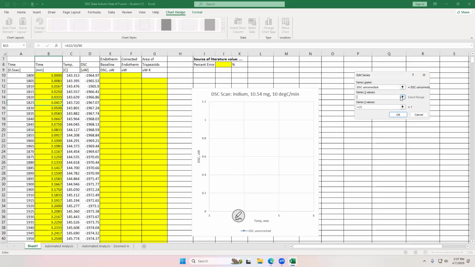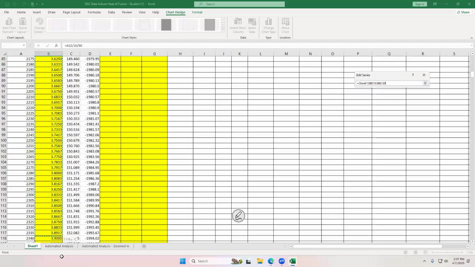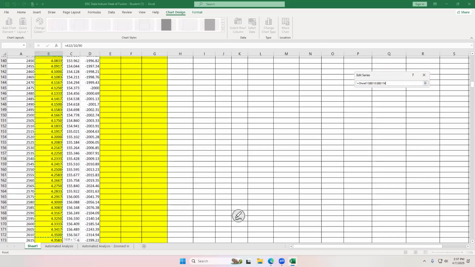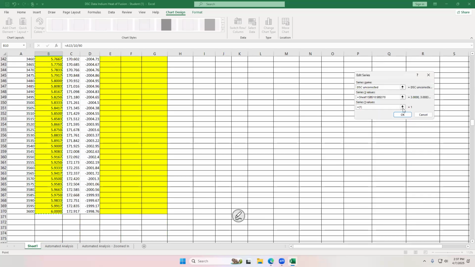And our X values, we're plotting it versus time, so minutes, from 3 minutes to 6 minutes. That's the whole data set, 3 to 6 minutes. And our Y values would be the DSC, so it's going to be column D.